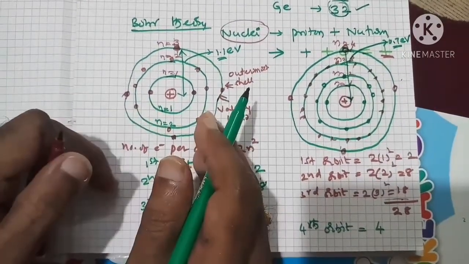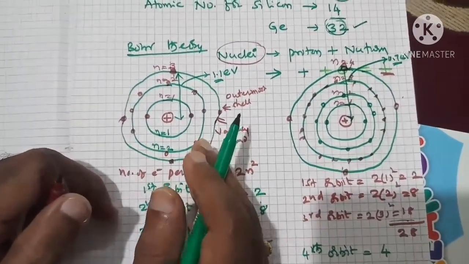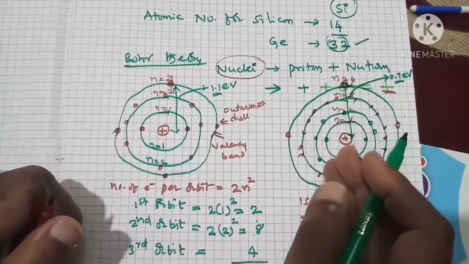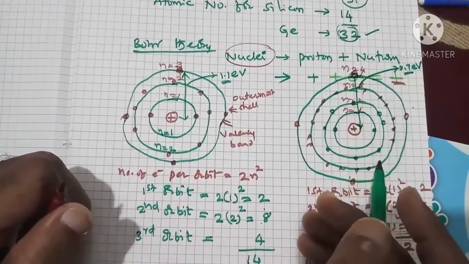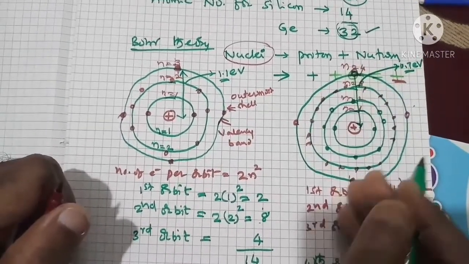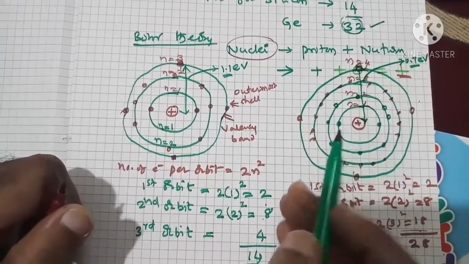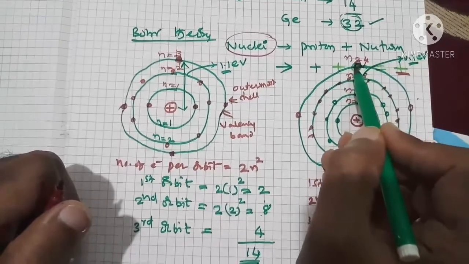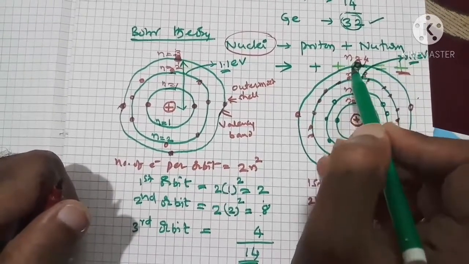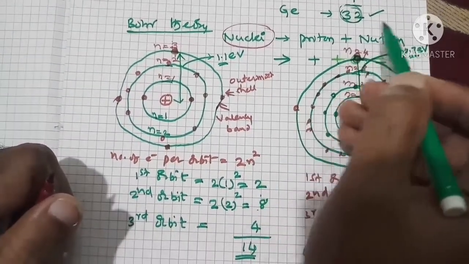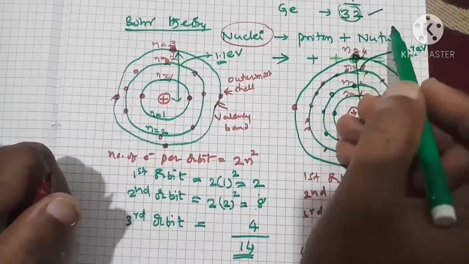Because of this reason, even if you use germanium parts like diodes or transistors, at room temperature, or if the temperature increases, there is a chance that this electron can conduct. It can move into the free electron band, so it will conduct.